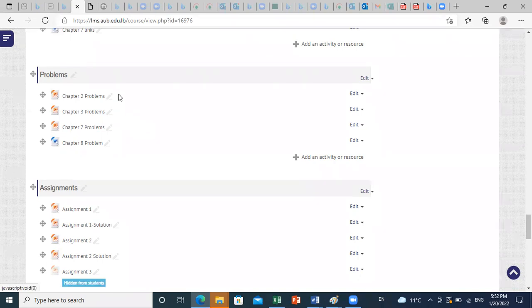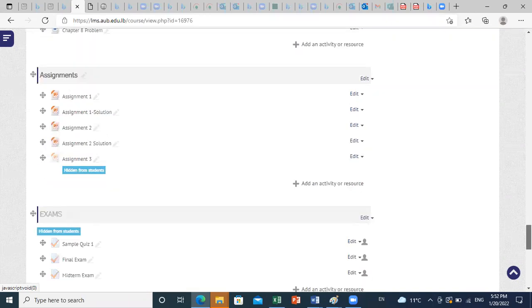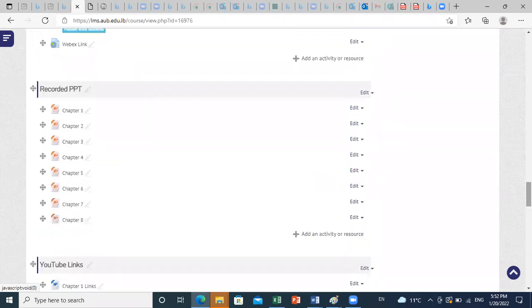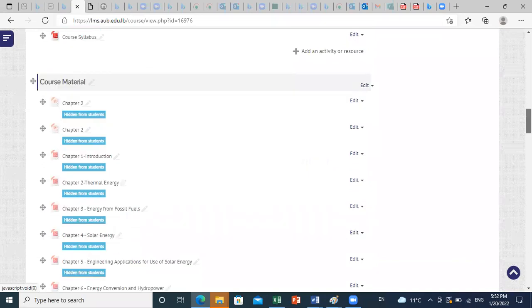So you have problems in these different chapters. Also, to help you practice more, you have assignments with their solutions, so you can practice more problems on these chapters. So this is, in summary, the Moodle content.